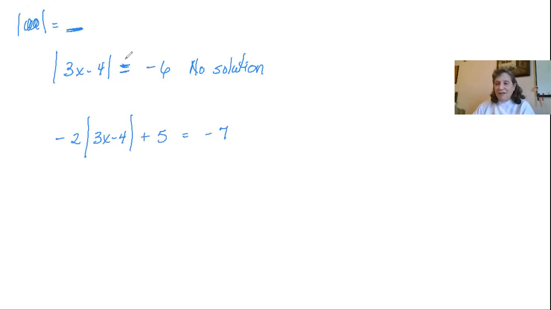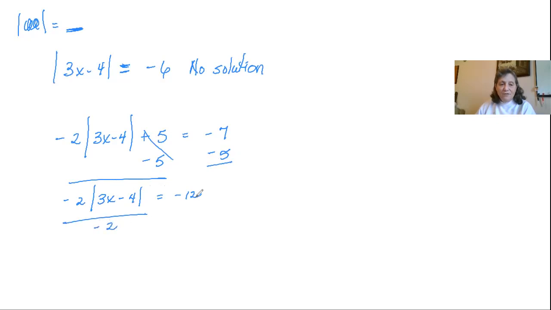I've got to get the absolute value by itself. So it's multiplied by negative 2, with 5 added to that. I need to get rid of the 5 first. So I've got negative 2 times the absolute value of 3x minus 4 equals negative 12. Then I have to divide out the negative 2 because I've got to get it down to just the absolute value. So I've got the absolute value of 3x minus 4 equals, this is actually turning out to be a positive 6. So this one is workable.